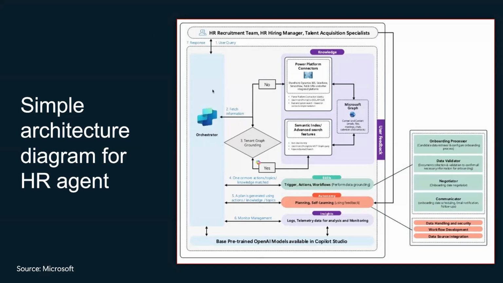One agent could serve the HR recruitment team, HR hiring, all these different teams can use the same agent, triggered by the user query, that would fetch data from Power Platform connectors, Microsoft Graph, and then trigger one or two tools and take action. So all these capabilities are available. That's why, if you really want to build agents at enterprise level or department level, you would go to Copilot Studio.